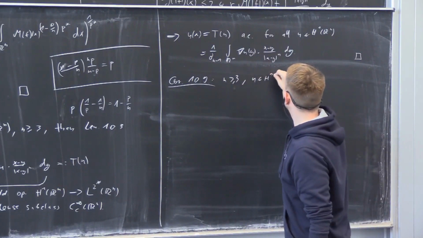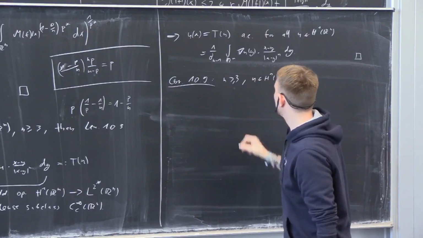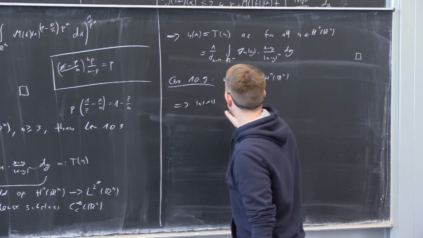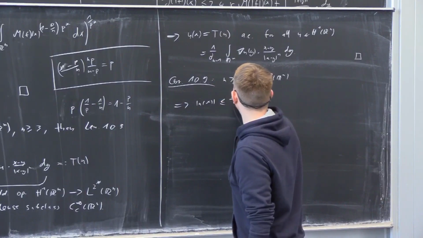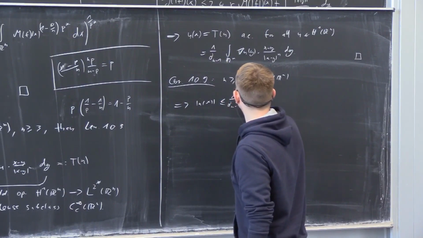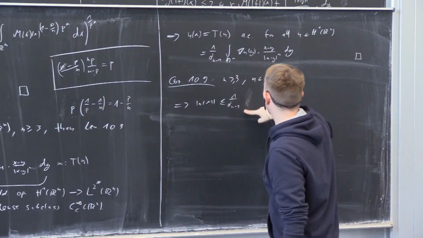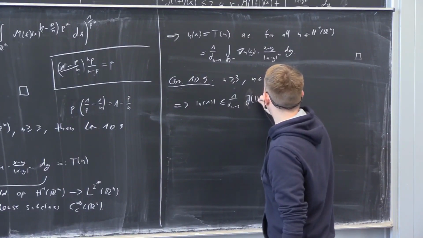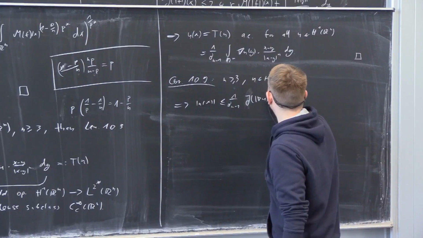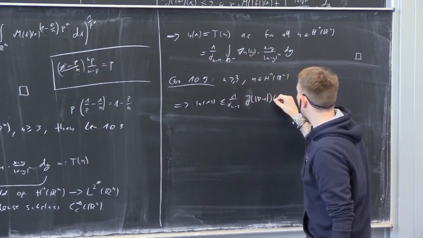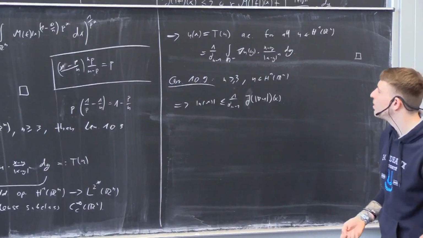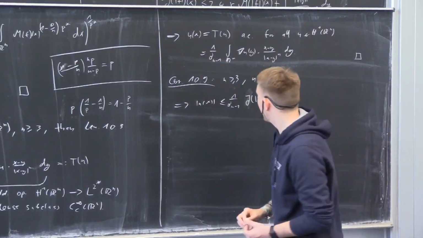U is in H1 of R^n. Then this gives me that |u(x)| is dominated by 1 over sigma_{n-1}, and here I can directly write the Riesz potential applied to the absolute value of the gradient of u, evaluated in x. So this is a corollary that doesn't need a proof, I hope.